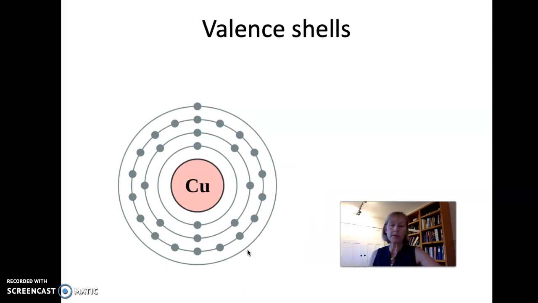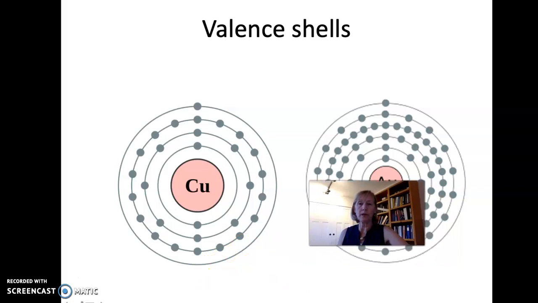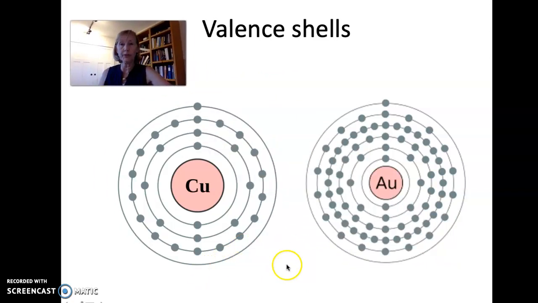An important concept when we're talking about bonding of atoms is what the valence shells are doing, how many electrons are in the valence shell. Here are two examples, copper and gold, and they may have more or fewer shells, with greater or fewer numbers of electrons.